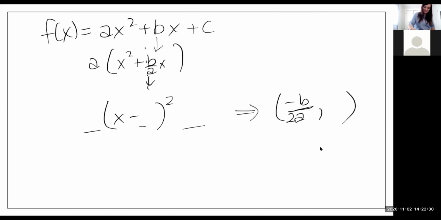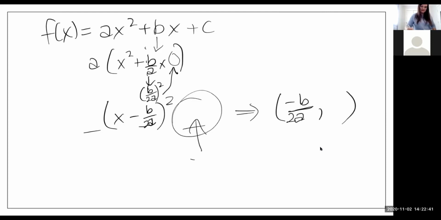And then you take half of it, I'm not doing all the parts, and you square it. And what ends up here is b over 2a. And this c is going to be something crazy. So we don't even consider this. It'll just be whatever f of negative b over 2a is. And this is a plus here, so that's why this is a minus.